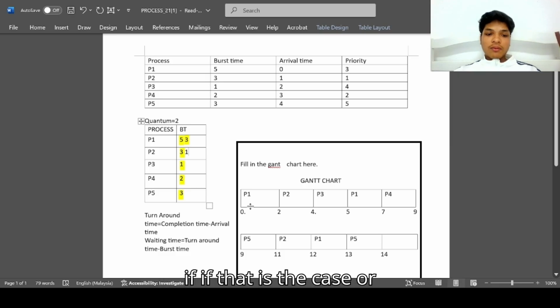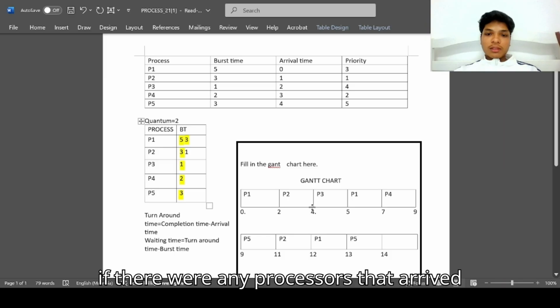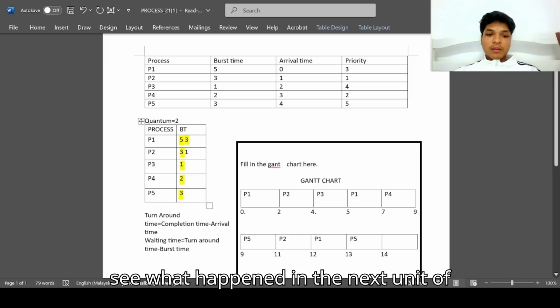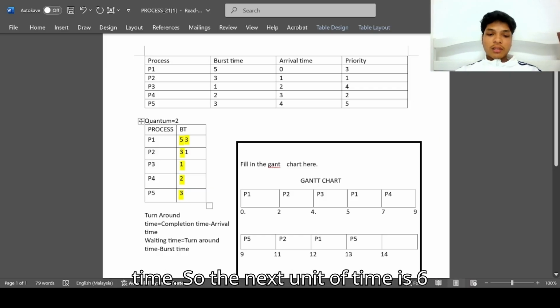Let's see if any processes arrived at time 4. As you see, at time 4 another process, P5, has arrived. So P5 also has to be placed at the end of the ready queue, and P1 continues execution. Let's see what happens in the next unit of time. The next unit of time is 6.